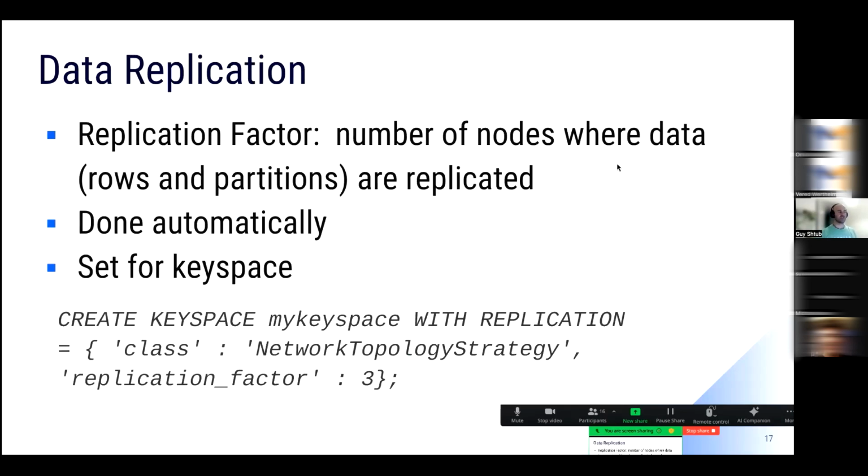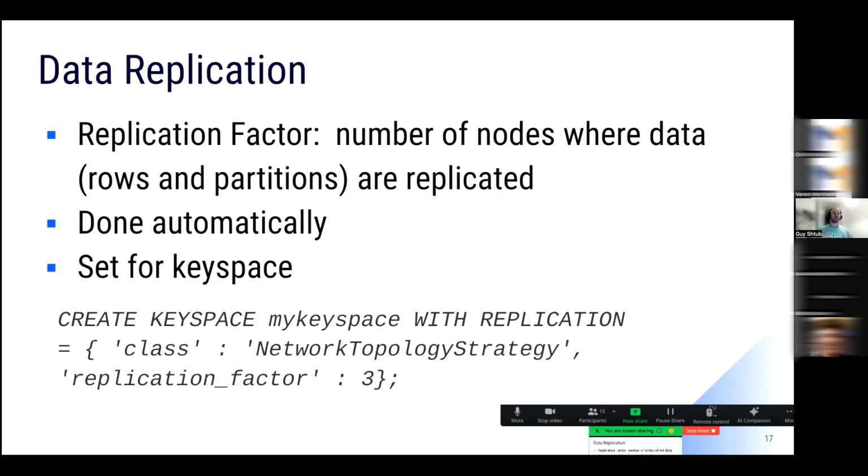So that's a cluster. Another important concept is data replication. In ScyllaDB, data is replicated to different nodes. So the database holds multiple copies of each piece of data, and each copy is held on a different node. It brings me back to high availability, which I keep on mentioning.